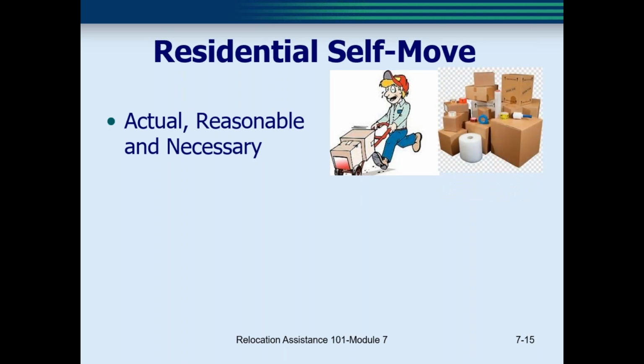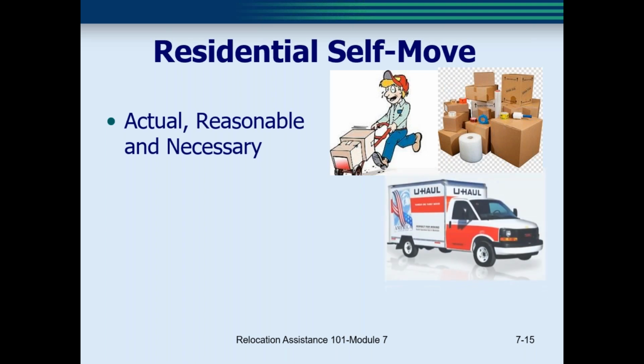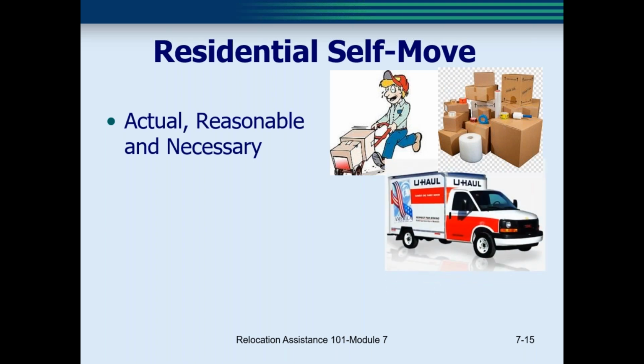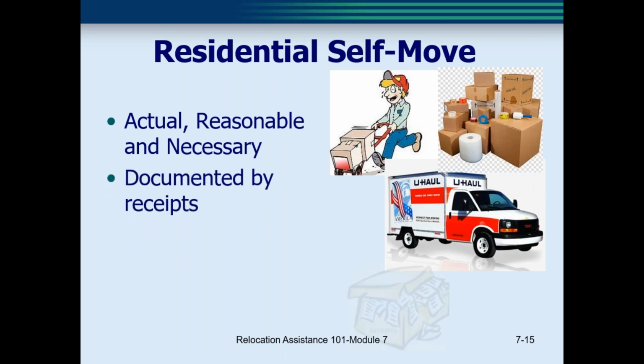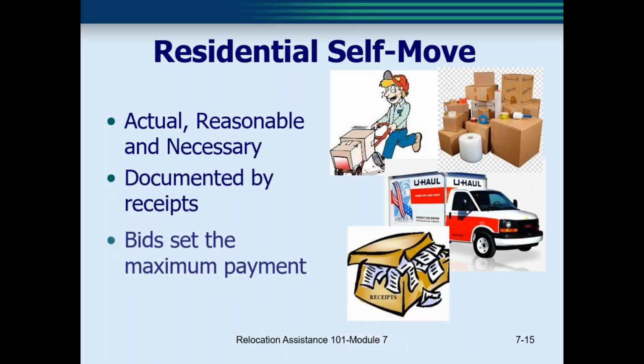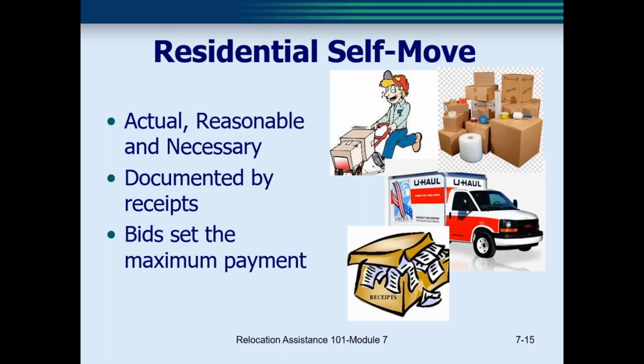Do they need dollies, boxes, packing materials, tape, labels? Do they need to rent a U-Haul? And what's the cost of the U-Haul? Usually they charge a certain amount for every mile they drive, plus the cost of putting gas in the U-Haul. They're going to have to, unfortunately, show a lot of receipts for this type of move.